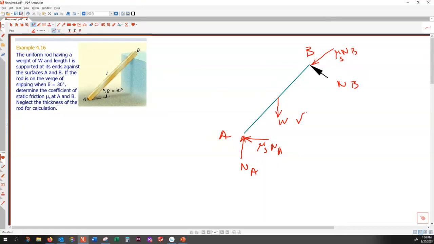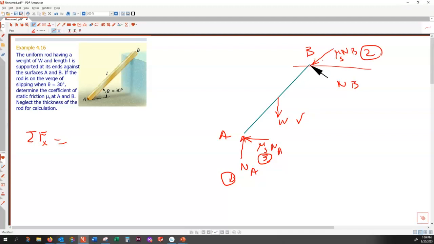So first of all, W is given. NA is one unknown, NB is two unknowns, and mu S is three unknowns. So three unknowns, three equations. So you can write the net forces horizontally equal to zero. I mean, you can take your coordinate axis with whatever coordinate system you want.